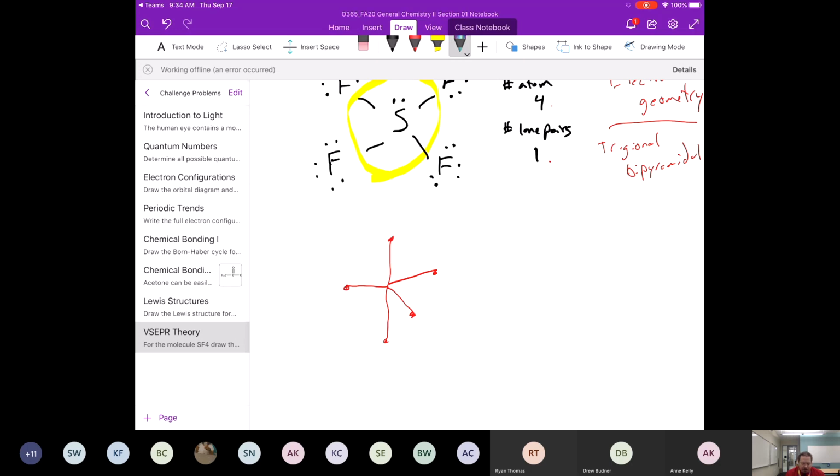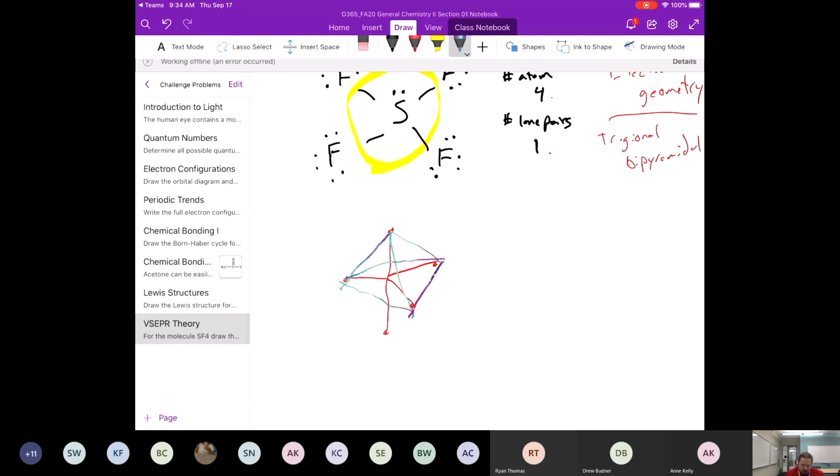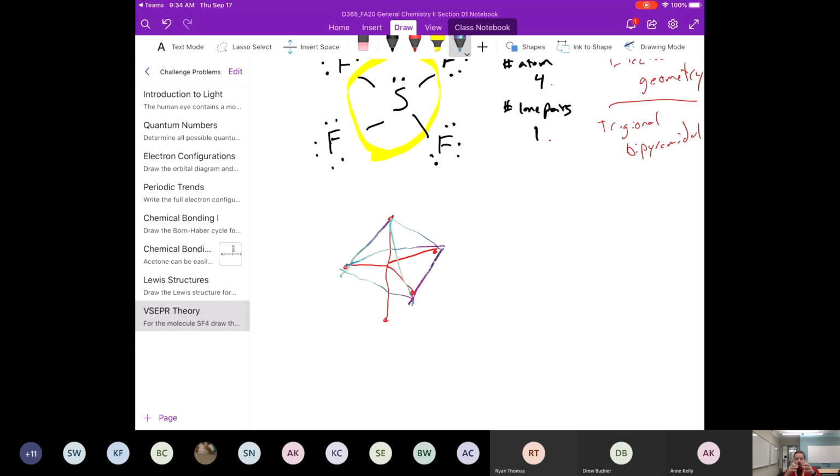It's called trigonal bipyramidal because if we enclose this structure and make it solid, we end up with a 3-sided pyramid. That's where the trigonal comes from. But the pyramids go both up and down, so it's 2 pyramids on top of each other, so trigonal bipyramidal.